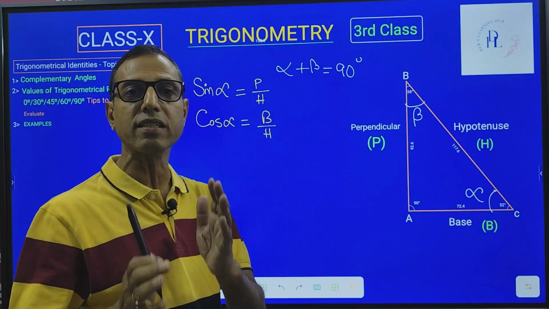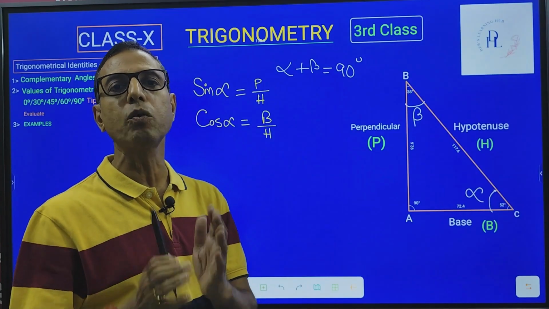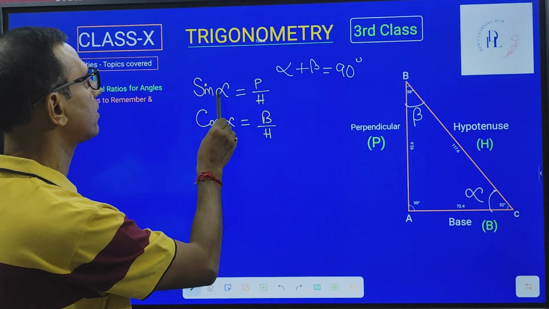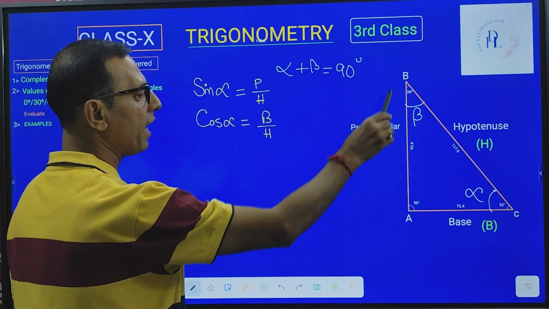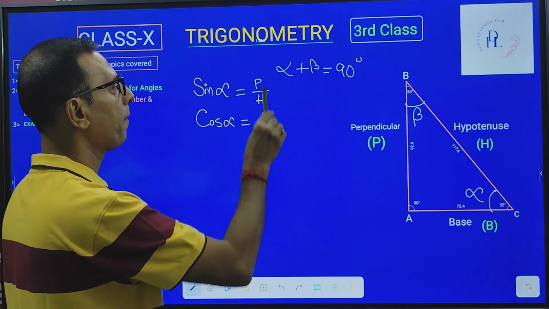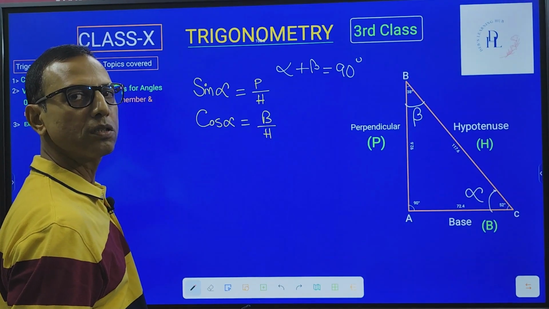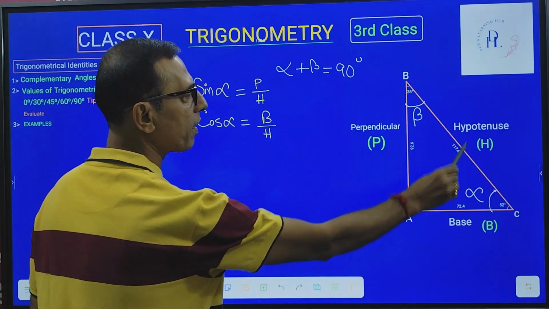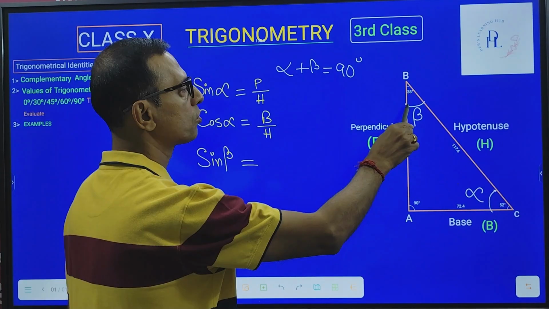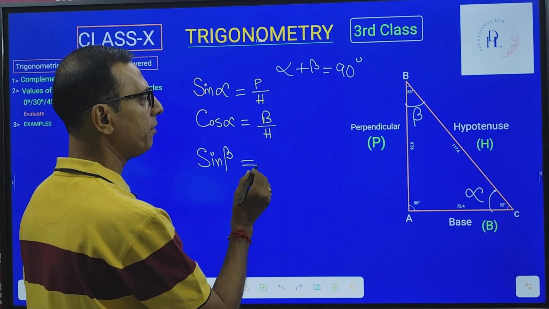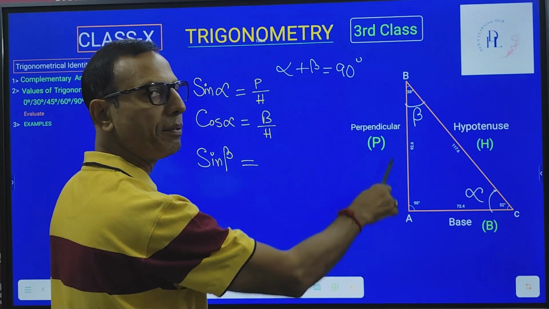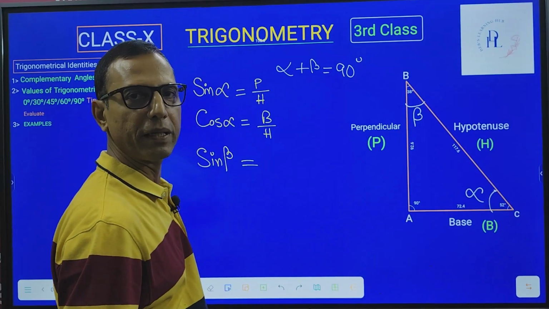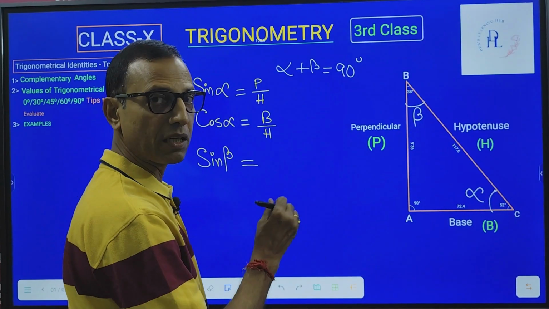So base and perpendicular are relative positions for a right triangle. When we consider sine alpha, it means AB by BC, perpendicular by hypotenuse, so it is P by H. Now cos alpha is base by hypotenuse, that is B by H. If I consider sine beta, I consider AB as base and AC as perpendicular, interchanging base and perpendicular.